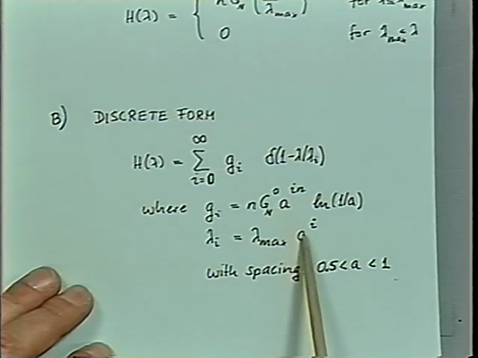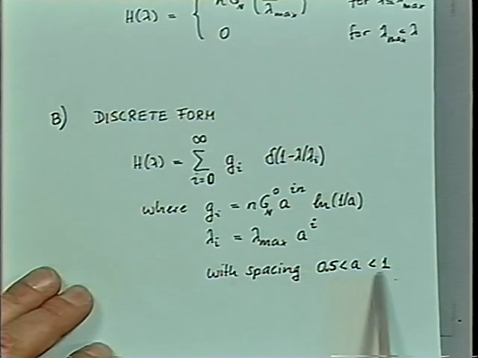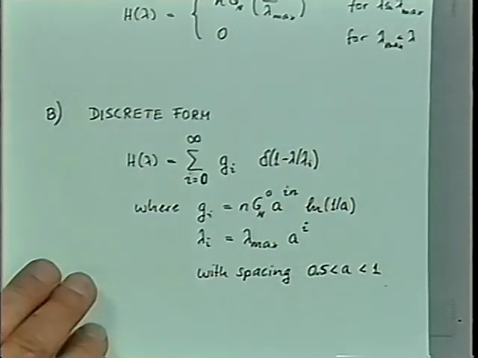A is a spacing parameter, in our case in the order of 0.5. It should be smaller than 1. And for convenience, it's easy to jump to the discrete spectrum, do your calculation, and then use the result. Since we know that the discrete and the continuous are on an equal footing, it doesn't matter whether you do that or not.